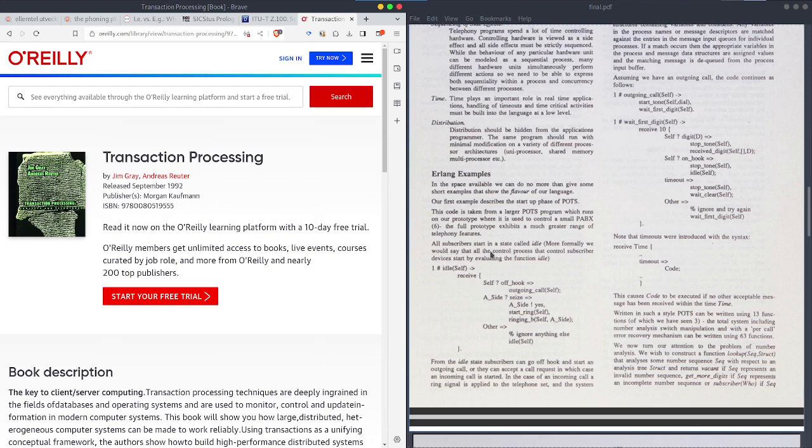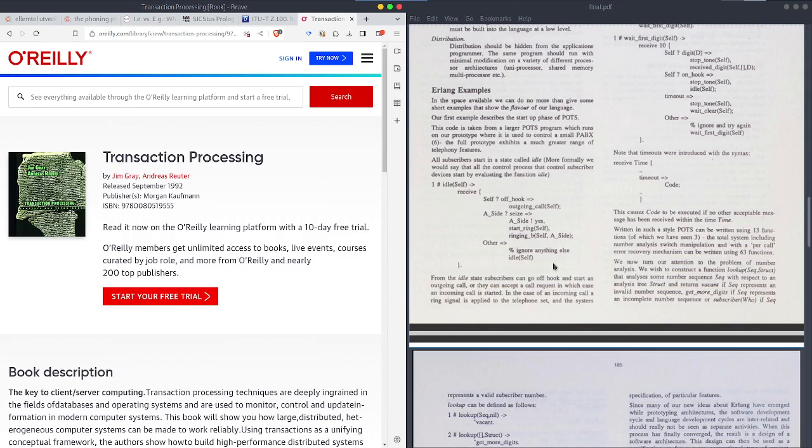All subscribers start in a state called idle. More formally, this rule says that all the control processes that control subscriber devices start by evaluating the function idle. The syntax is quite similar to the one we have today, except, for example, the question mark here and the arrow.